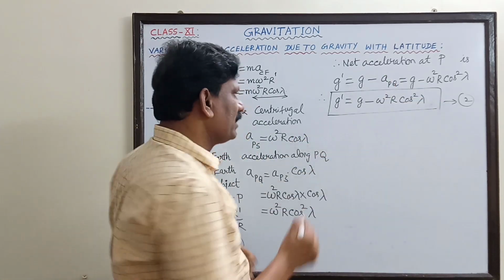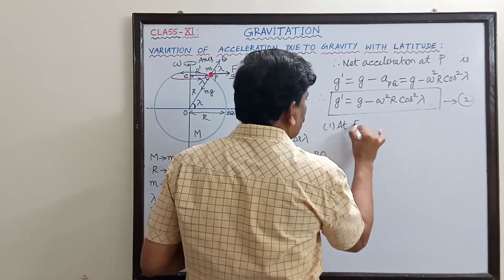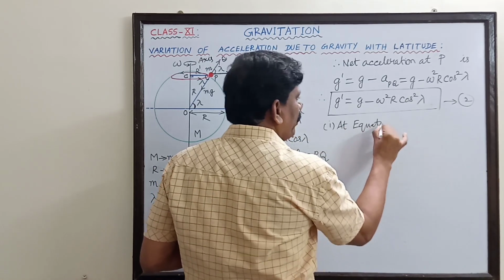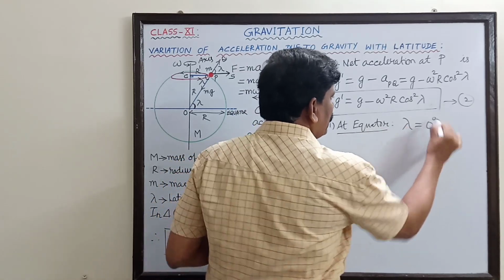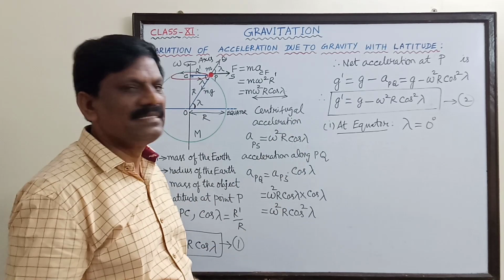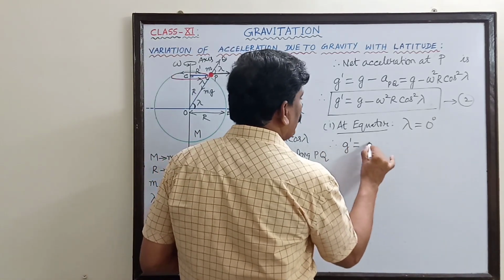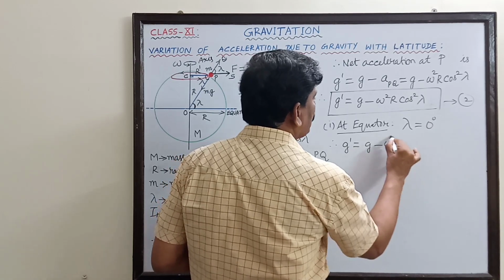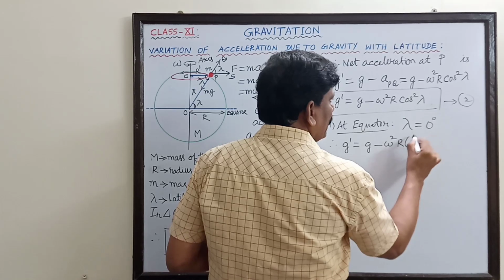Now in equation 2 I am going to substitute the special cases by taking lambda at the equator and the poles. Case 1, at the equator. What is the value of lambda at the equator? That is equal to 0, because the equator is 0 degree latitude. Therefore G dash is equal to G minus omega square R into cos square 0.